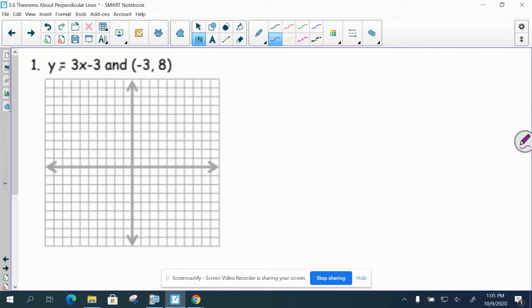So here we have y equals 3x minus 3. So let's graph this line. So we'll go, y-intercept is negative 3. So please get out your graphing paper. Pause the video if you need to. The slope is 3, so go up 3 over 1, up 3 over 1, and then go down 3 over 1.